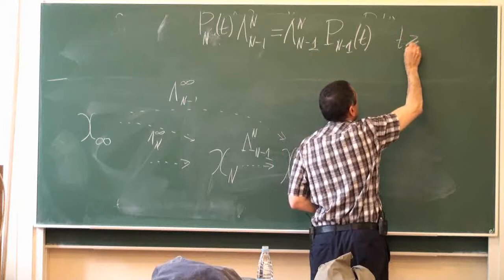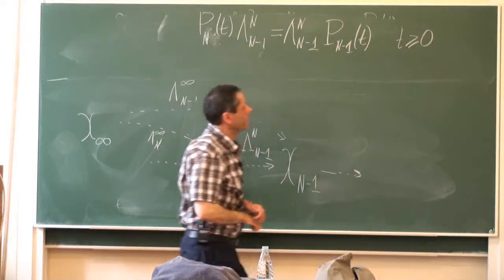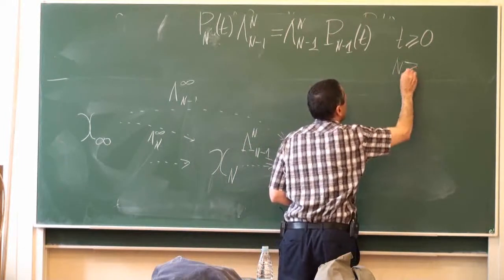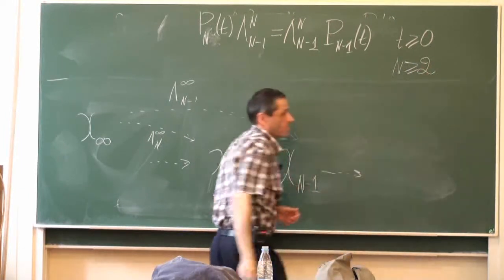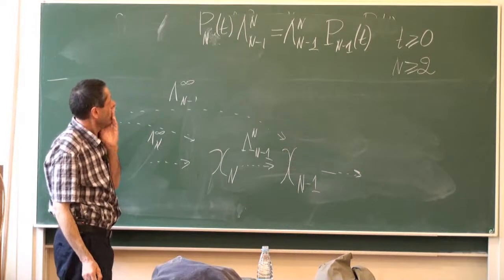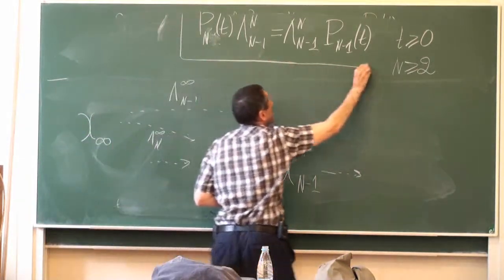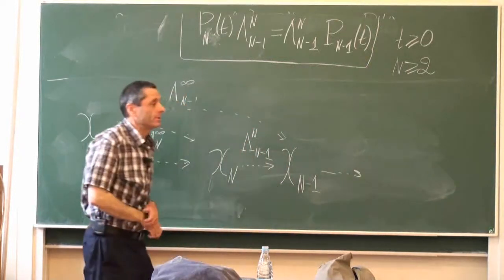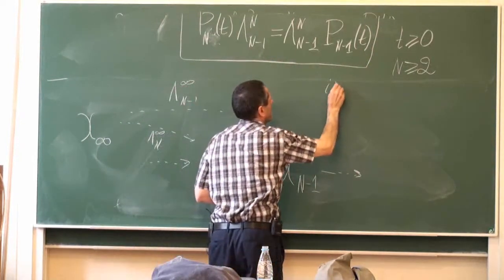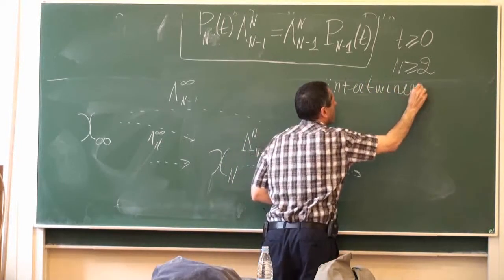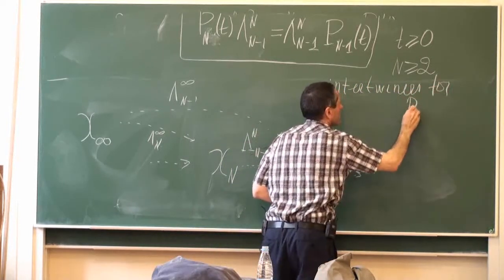For any real t non-negative, and for any n greater or equal to 2, I claim that one can say that our links are intertwiners for our semigroups.